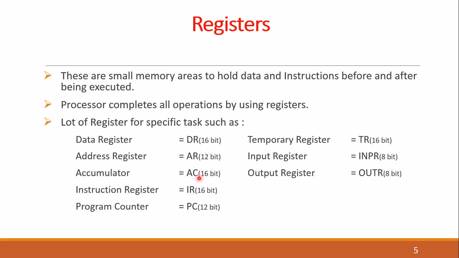And then the instruction register. This is a 16-bit capacity register. We also call it by another name, the current instruction register. It holds the instruction currently being executed. Each instruction to be executed is held by the instruction register until it is decoded, until the completion of the execution of the instruction.